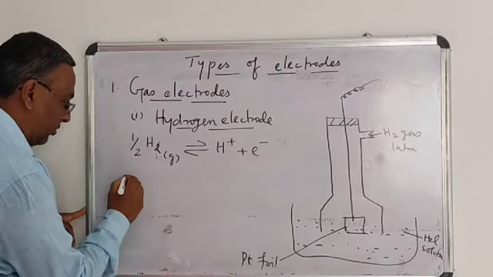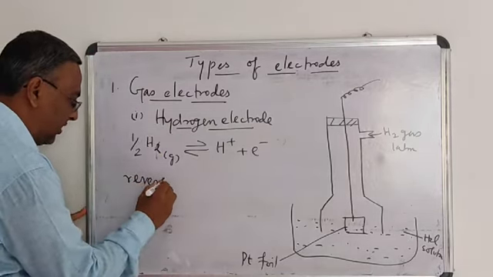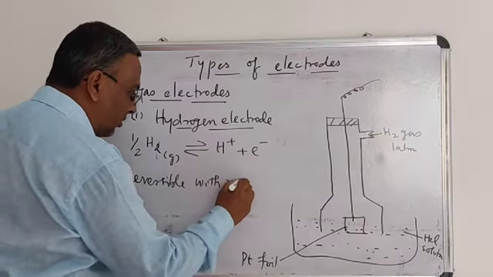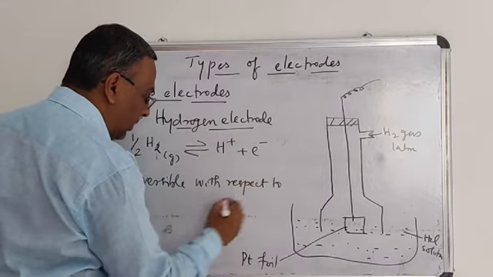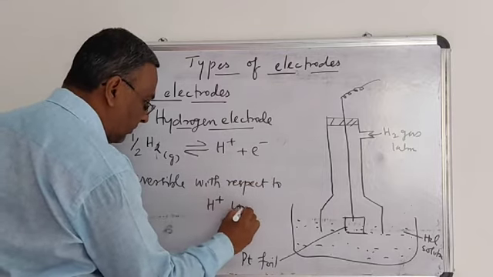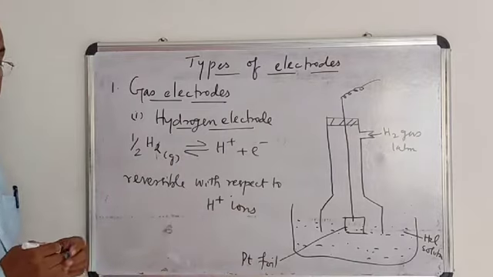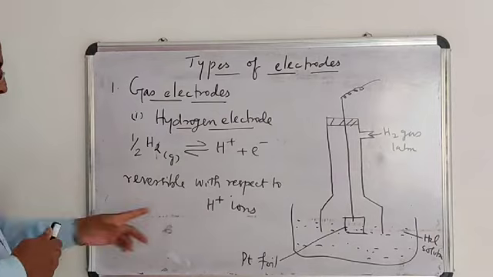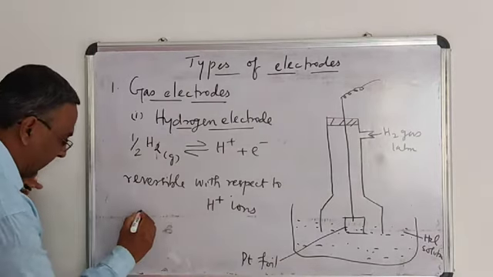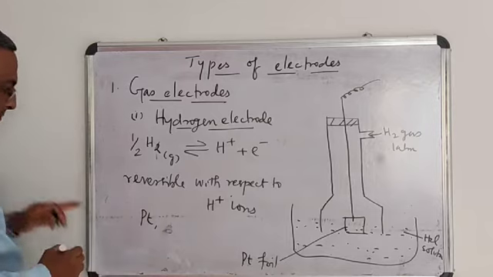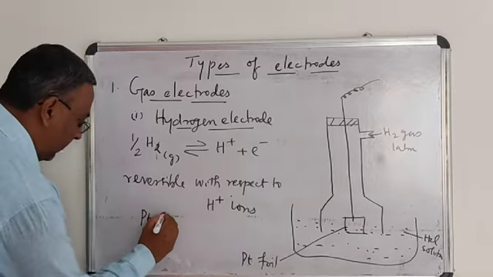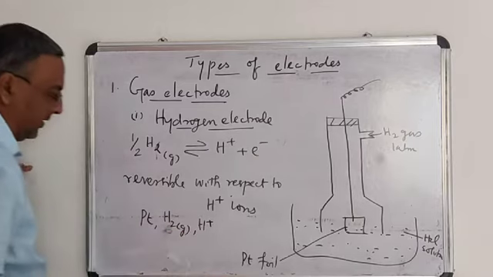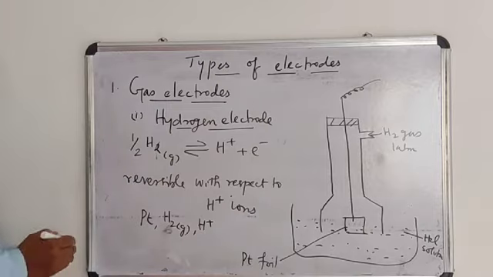Therefore, this hydrogen electrode is reversible with respect to H plus ions. This electrode can be represented as platinum wire in contact with hydrogen gas in contact with H plus ions of hydrochloric acid.